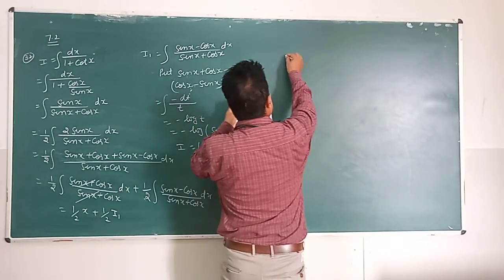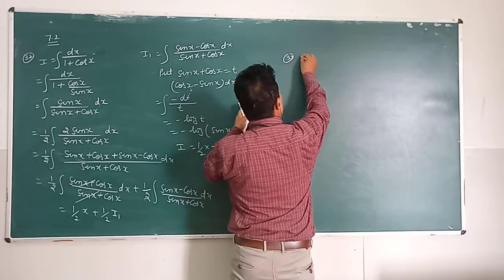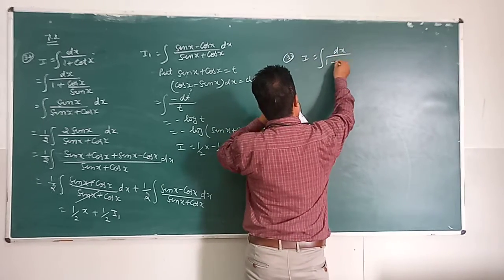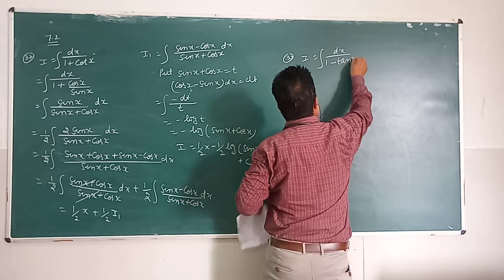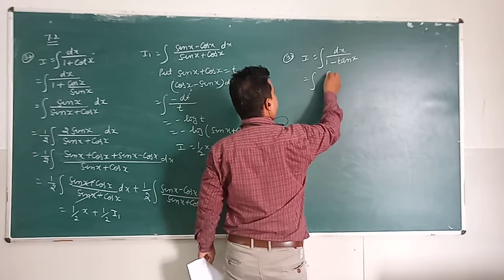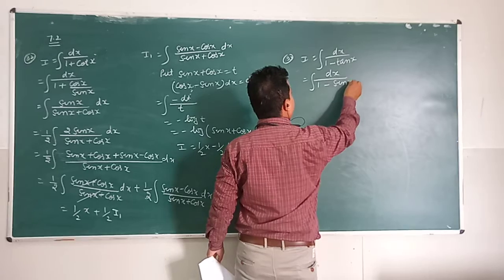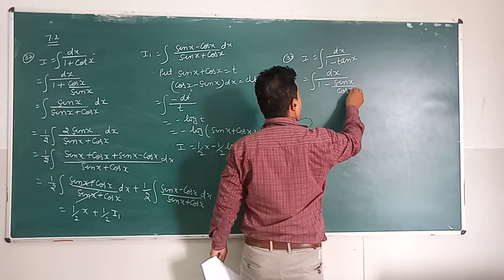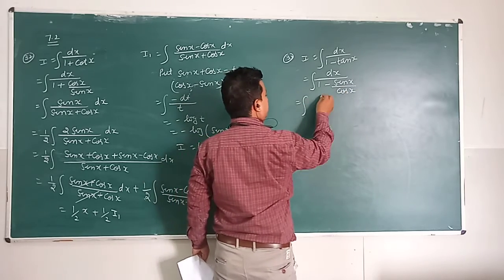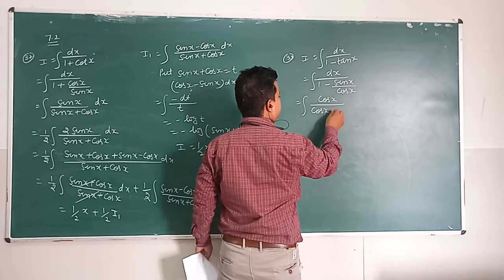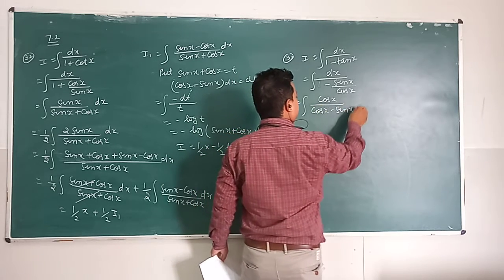In question number 33, this is also the same as question number 32. This is 1 minus tan x. First we put the value of tan x in terms of sin and cos. After this we take the LCM, that's cos x upon cos x minus sin x.